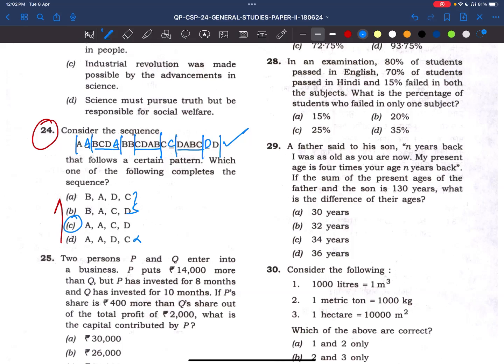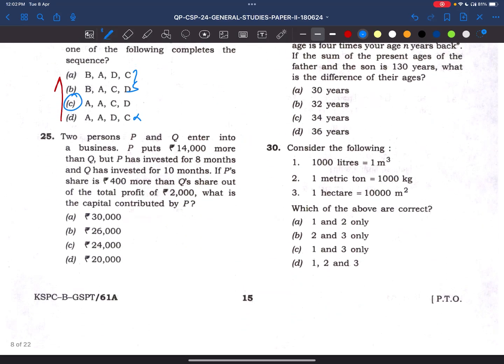Okay friends, let's go to the next question. Two persons, P and Q, enter into a business. P puts in 14,000 more than Q. Let's take Q's contribution as X rupees, and P will be X plus 14,000.